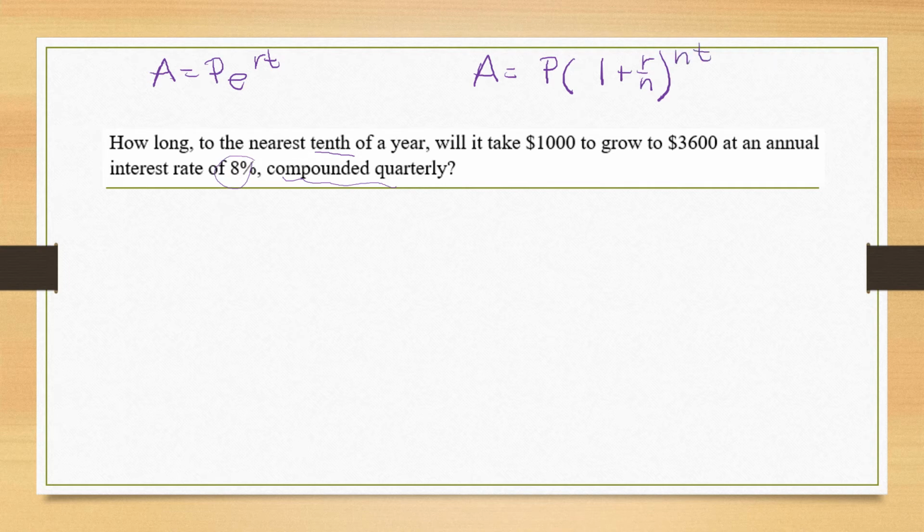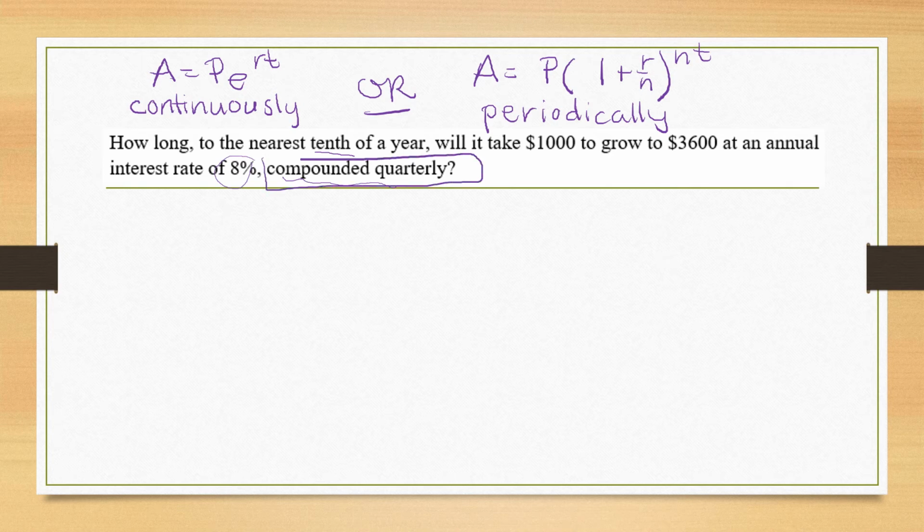Now this first one was when it was compounded continuously, and the other one is when it's compounded periodically. And so we need to determine which one of these we are going to use. Since it's compounded quarterly, that means we're going to use this one.